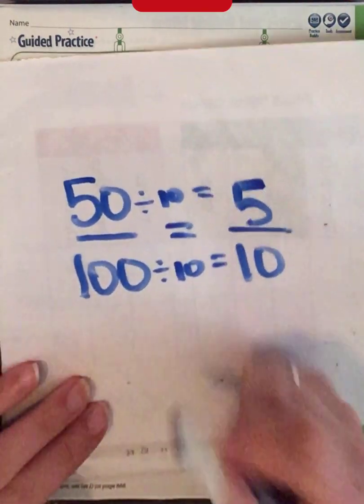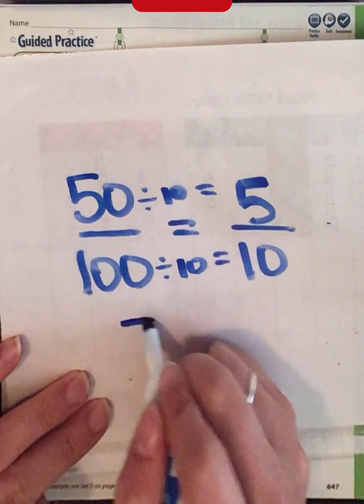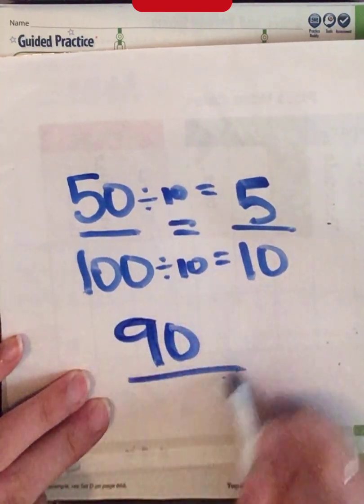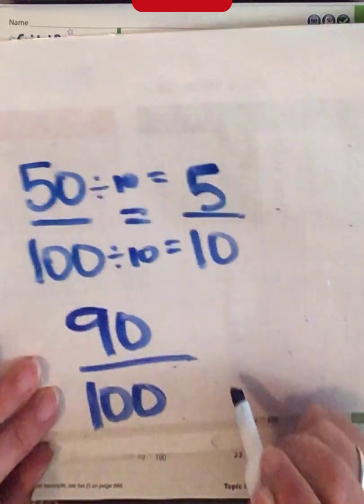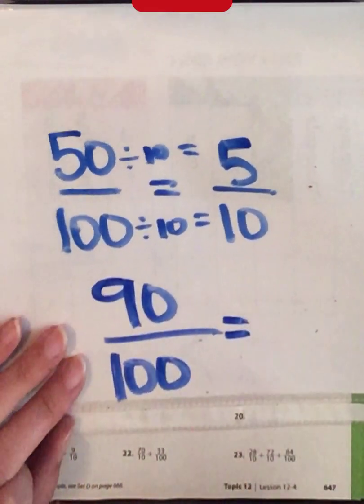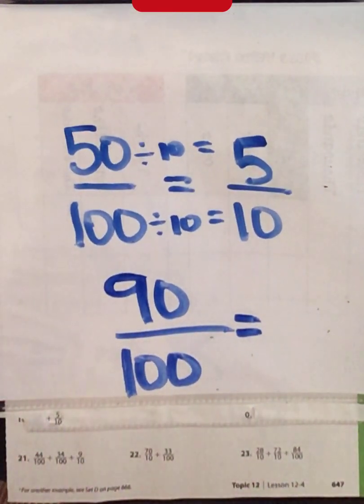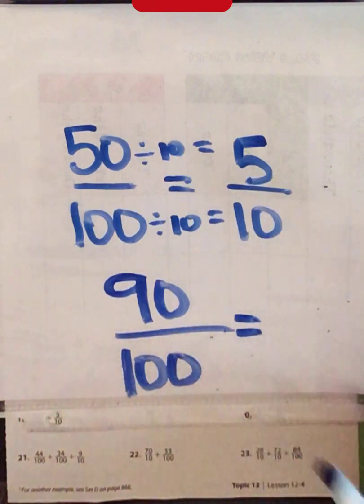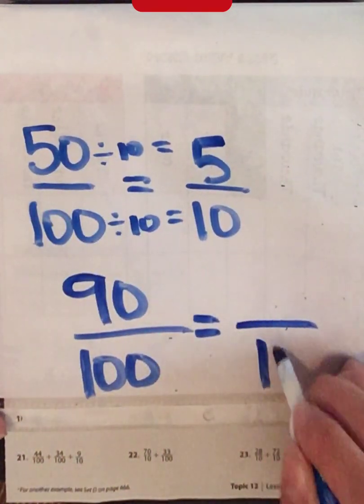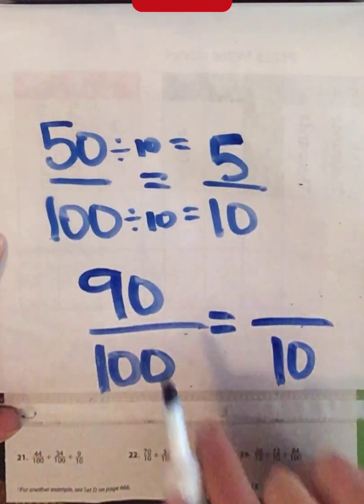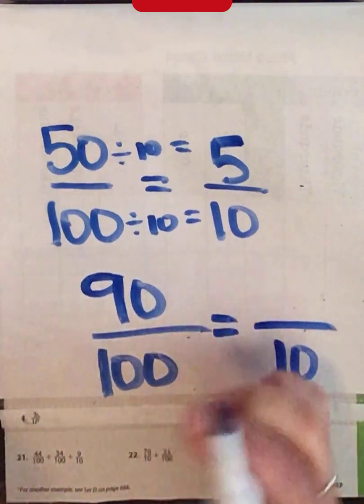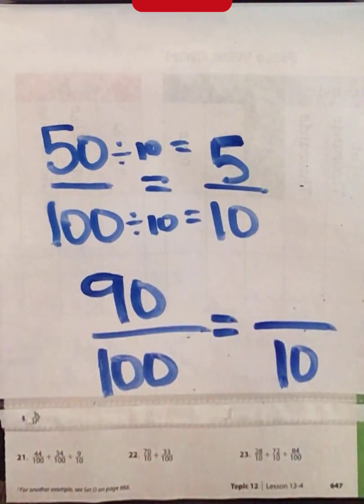Okay, another little trick. Say we've got 90 100ths. You can do this with any fraction to simplify it. Say you want to know how many tenths there are. If you notice there's lots of zeros, we're going to simplify this fraction.